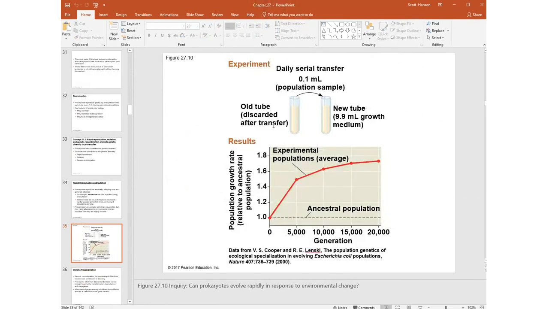So if you do an experiment with daily serial transfer, and serial transfer basically means transferring from one container to another, like these test tubes.